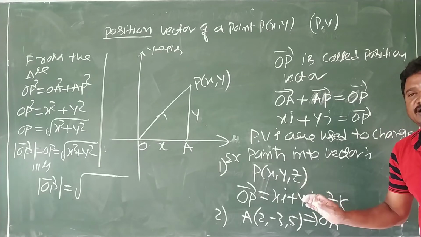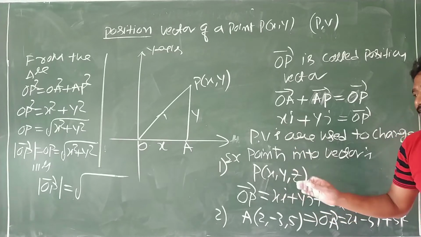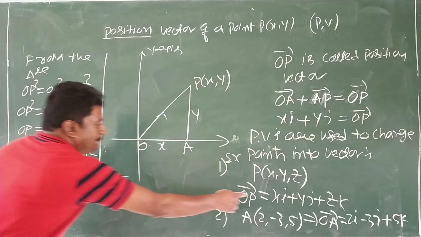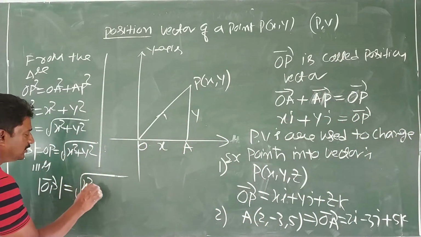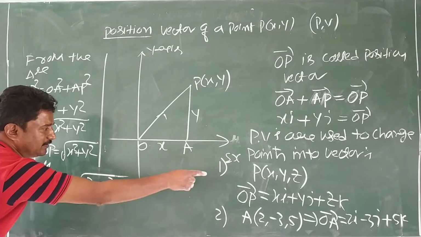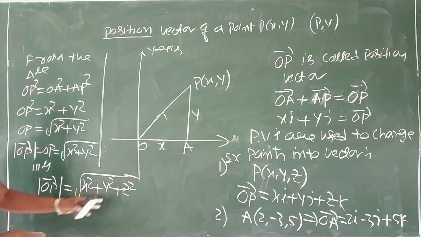Just square and add, root of the square and add, we will get the length of OP. This is how we find length.